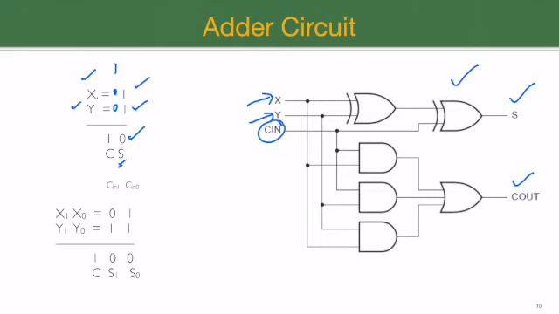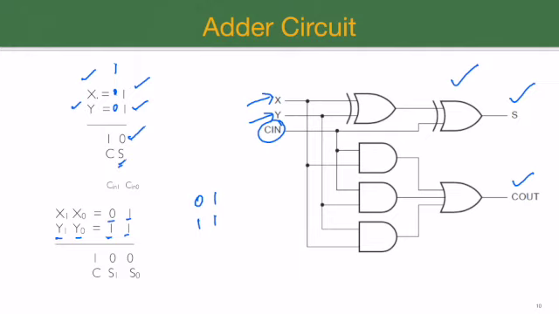Look at this example where I am adding 2-bit number x1, x0 with a value of 0 1, and the second number that I am adding is y1, y0, which has the value 1 and 1. So I'm trying to add binary number 1 with the binary number 1, 1. If we perform this addition, what do we get?